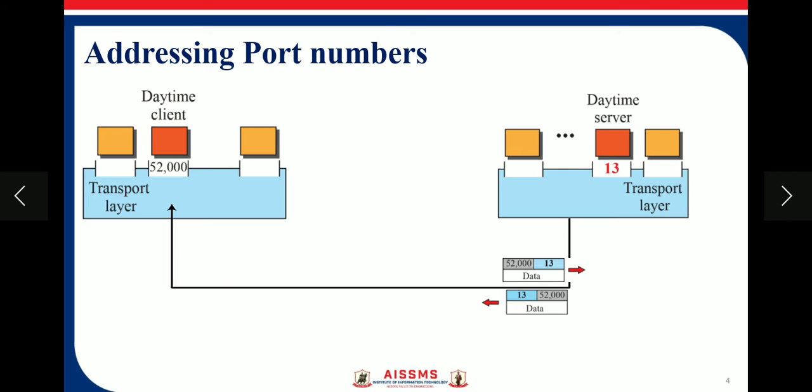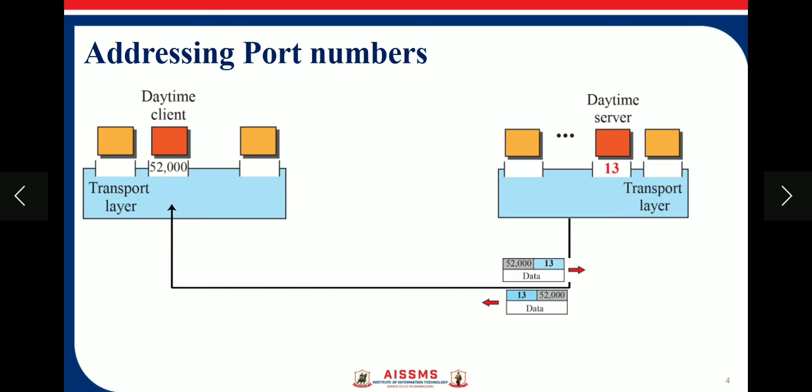So TCP/IP has defined universal port numbers for servers, called well-known port numbers. There are some exceptions to this. The client process knows the well-known port number of the corresponding server process.